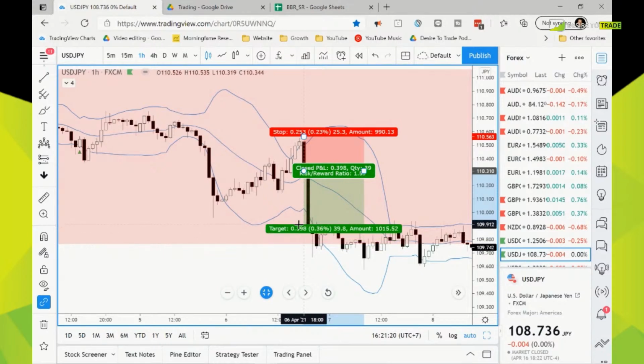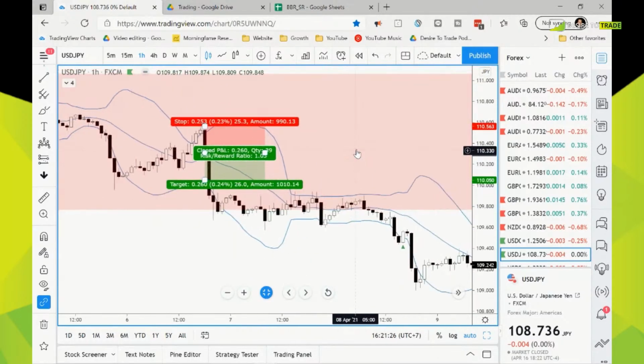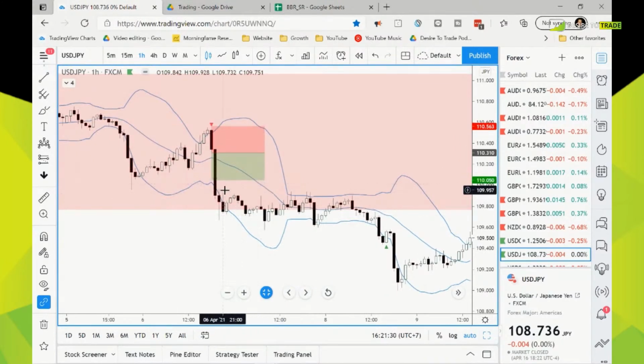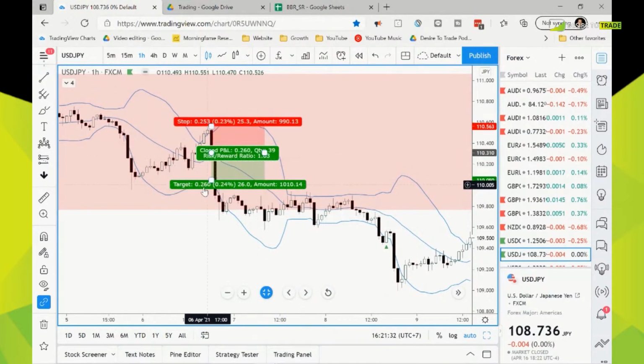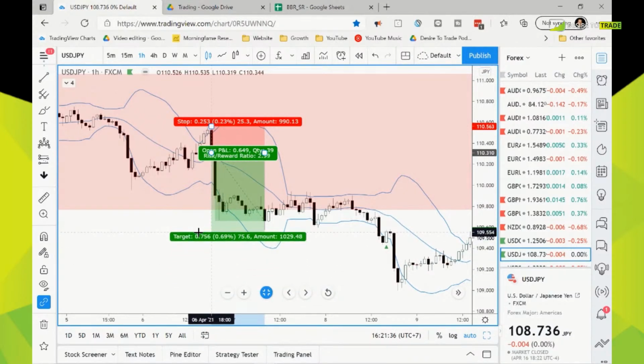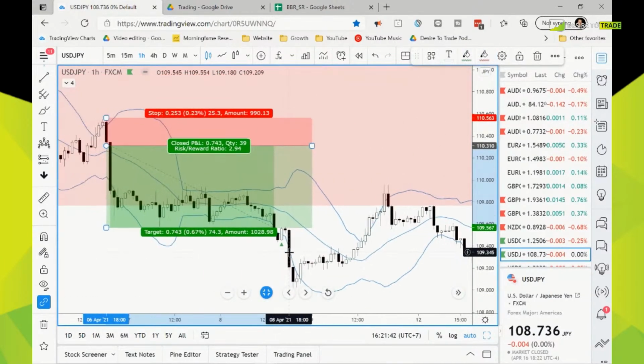I believe 3-to-1 was also closed. I'm not sure. Yes, this 3-to-1 was closed on this pair as well. So 1-to-1 was here, reached in the next hour or so. That was really fast. And then 3-to-1 was over there or so, a little bit lower than that. But that would be the other example.